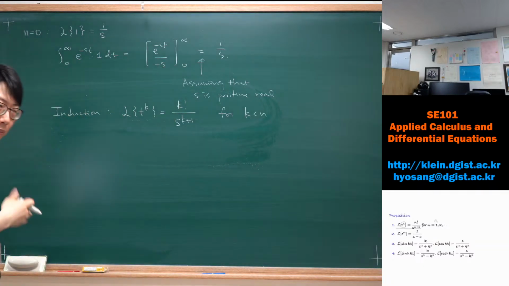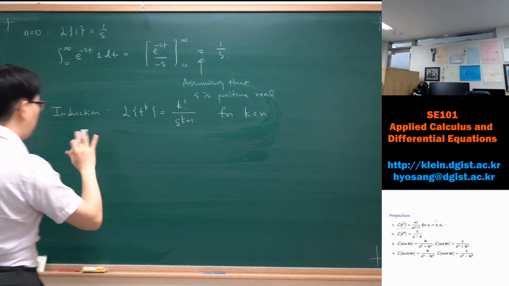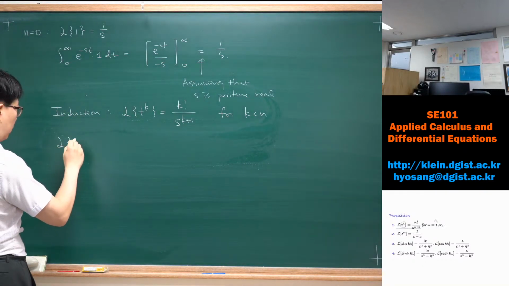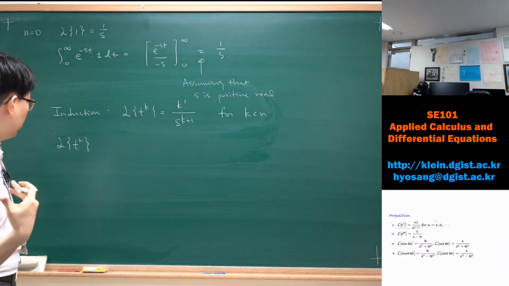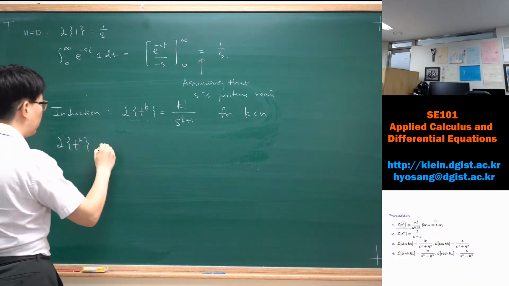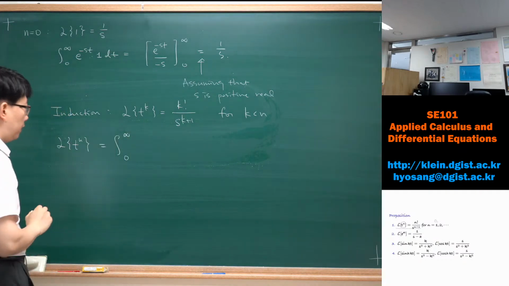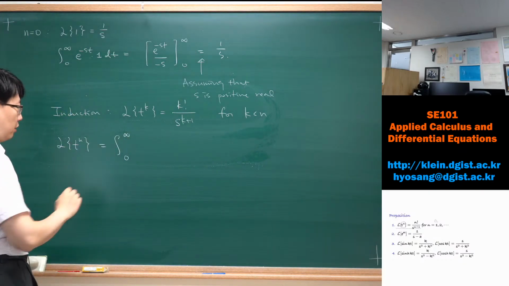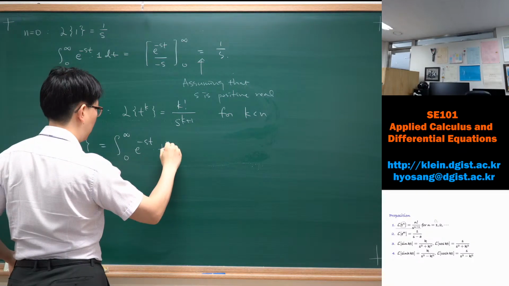Suppose that I show this is true for all k less than n. And I want to show that the Laplace transform of t to the n is the formula described here. So let's use the definition of the Laplace transform, the integral of e to the minus st times t to the n dt.